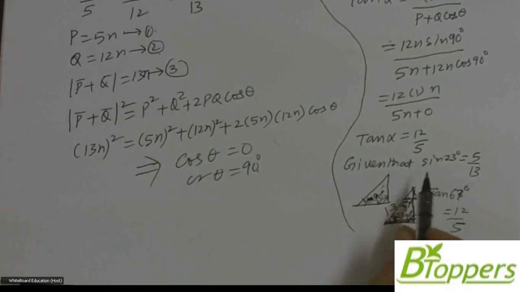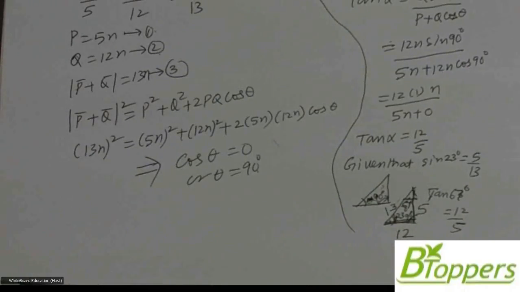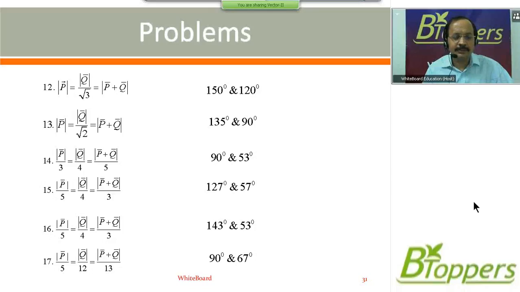That means you can take alpha as 67 degrees. It means the angle made by the resultant with the first vector p bar is 67 degrees.